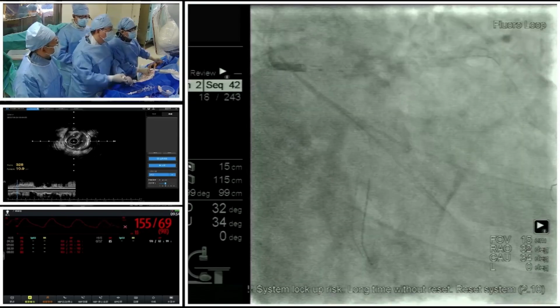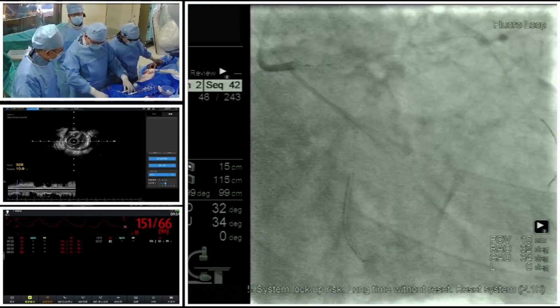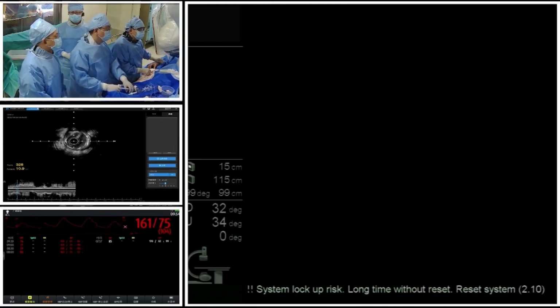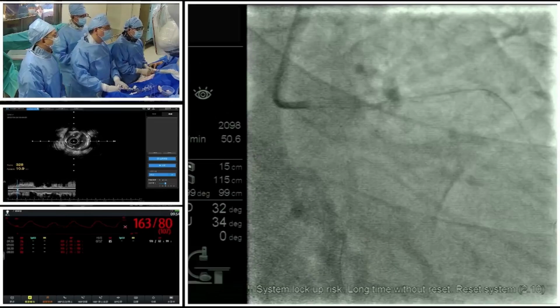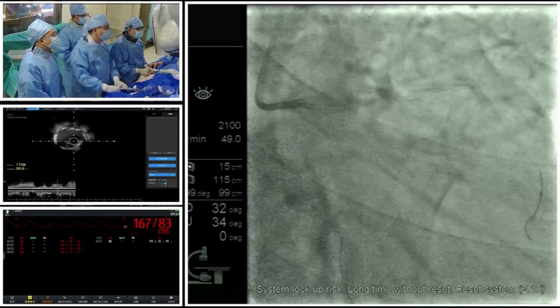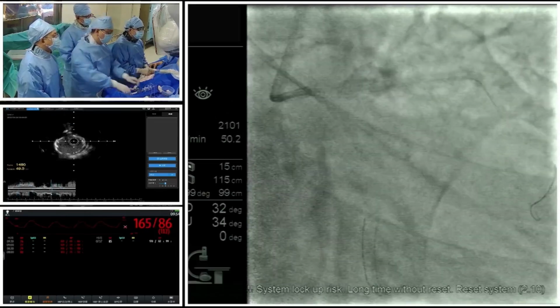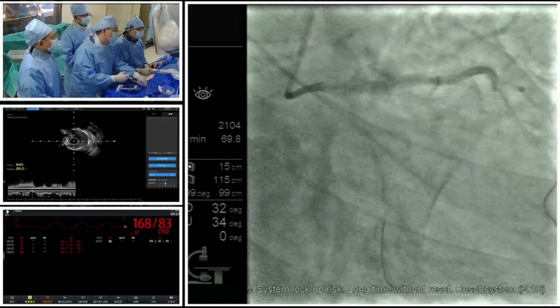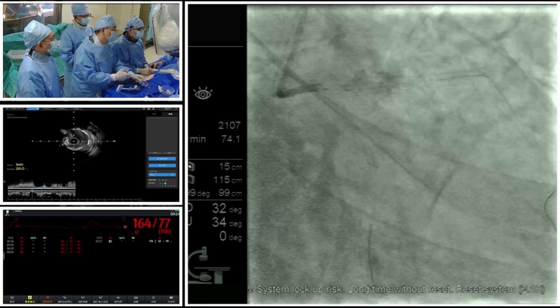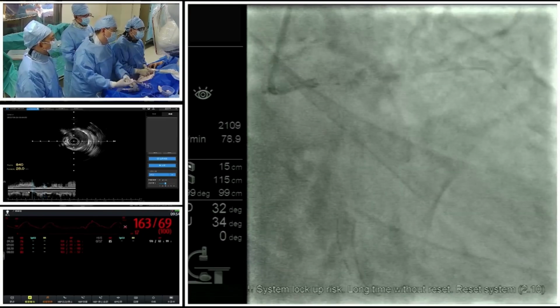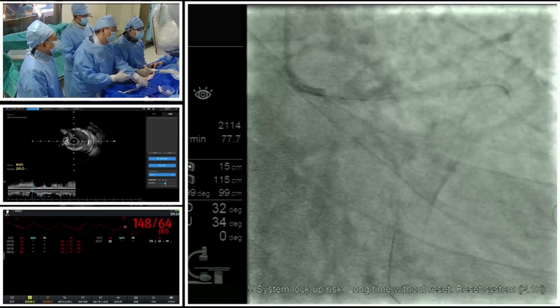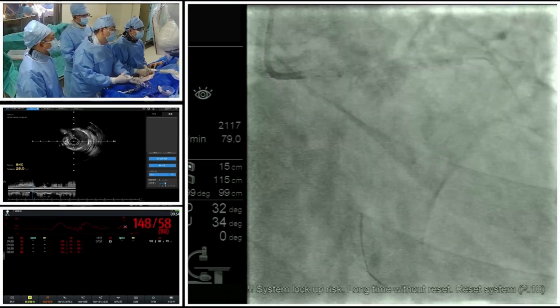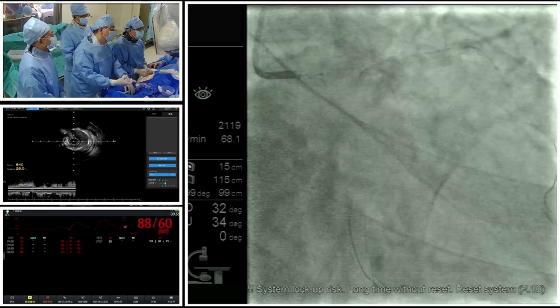But from the IVUS image, there's no stent malposition, only some parts are not well expanded. A little contrast. Okay. 20.